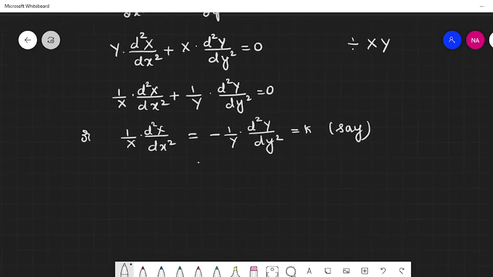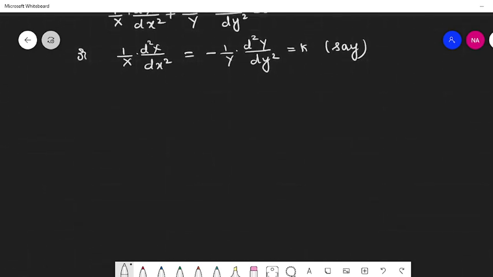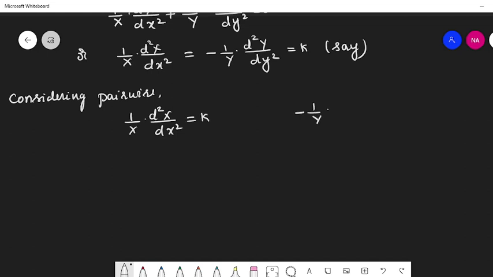Now considering this pairwise, we get 1 by X into d square X by dx square equal to k, and 1 by Y into d square Y by dy square equal to minus k.